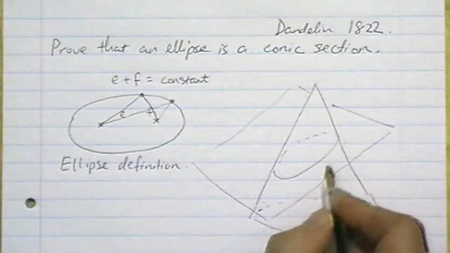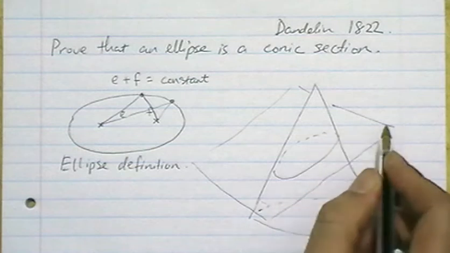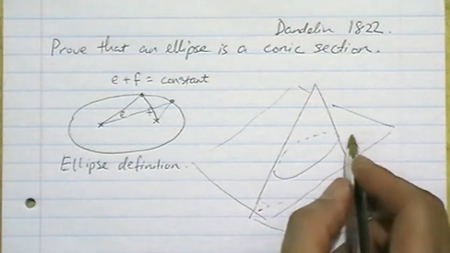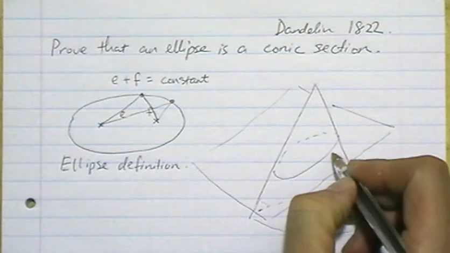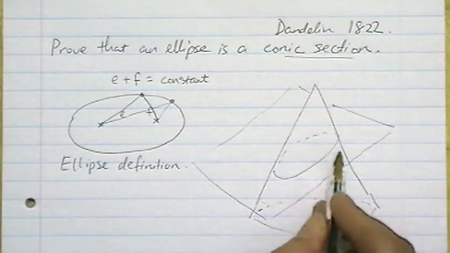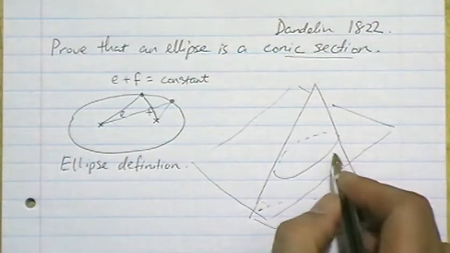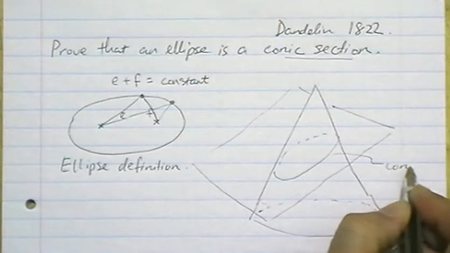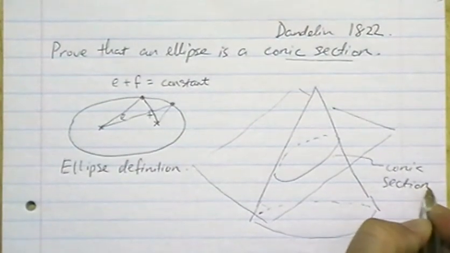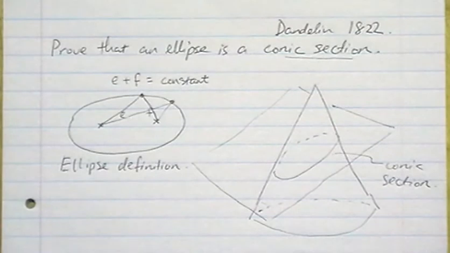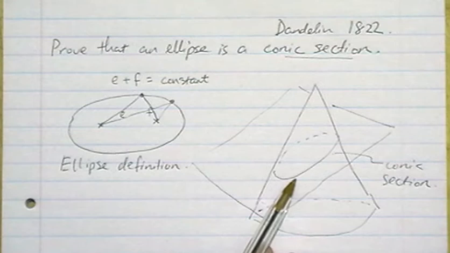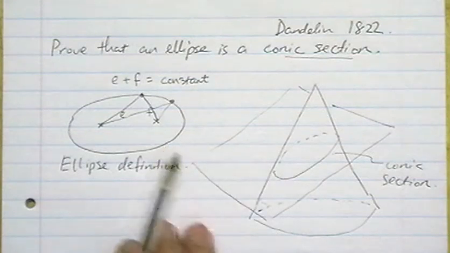And the shape of this section, which is cut as a result of the plane going through the cone, this is called a conic section. So that's what this part means. And you can see that it does look quite similar to an ellipse.